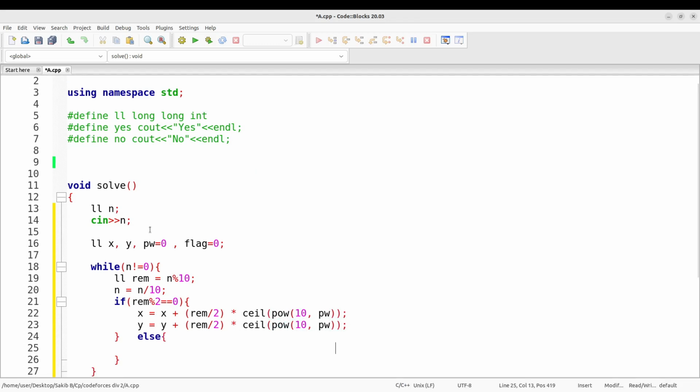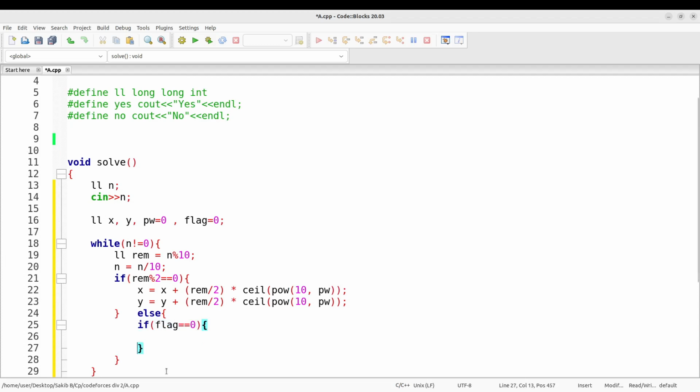In the else part, similarly, if the flag is 0 then we use the first formula, digit plus 1 divided by 2 and digit by 2.